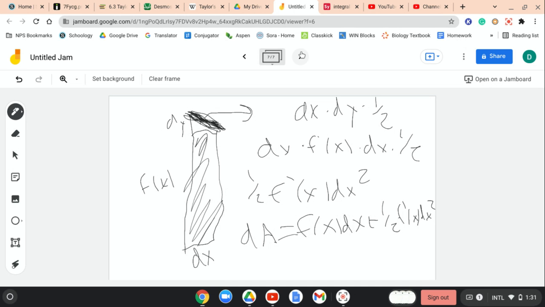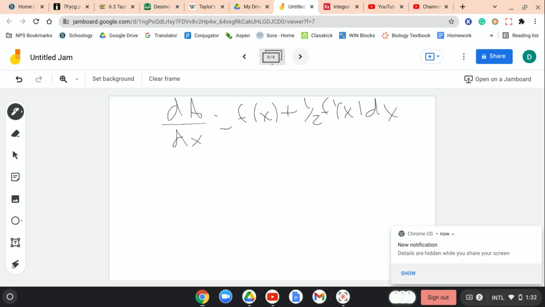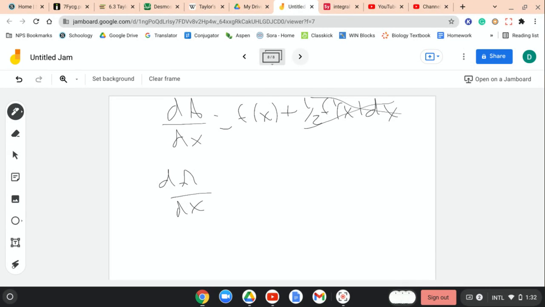Now, if we divide both sides by dx, we get dA over dx equals f of x plus 1/2 f prime of x dx. And because dx is going to 0, we can get rid of this term and ignore it. And we get dA over dx equals f of x.